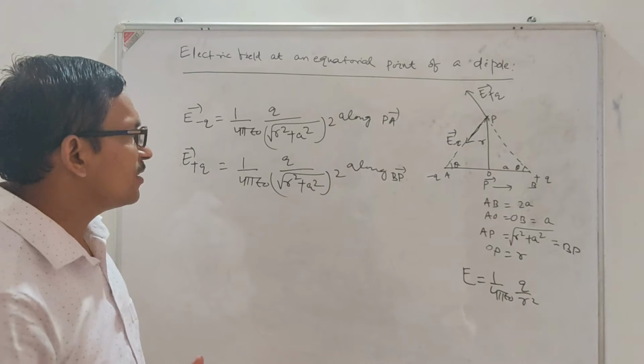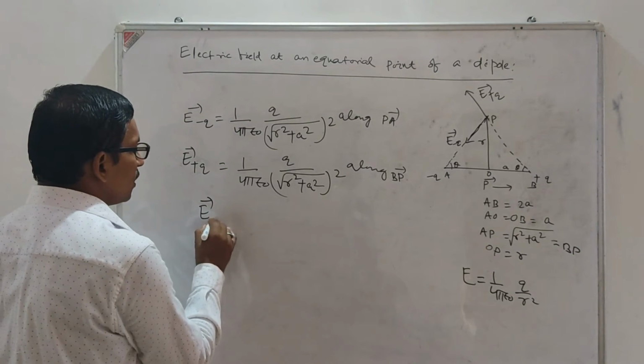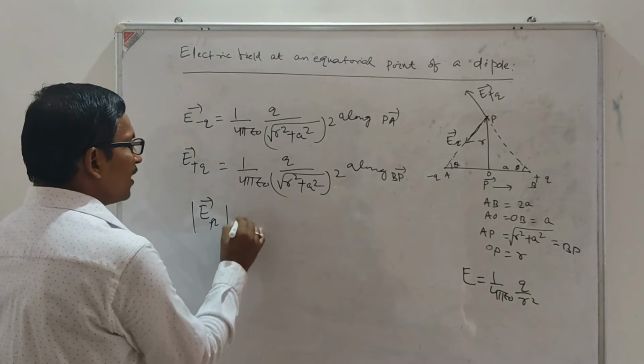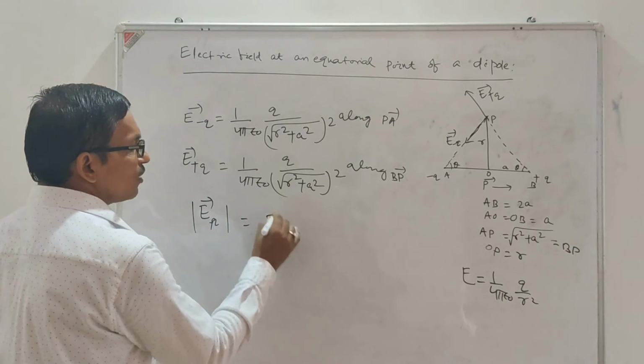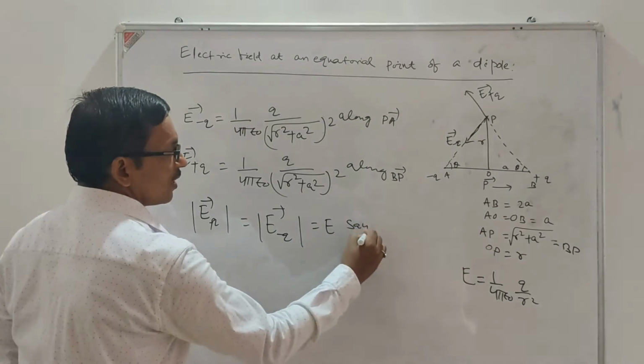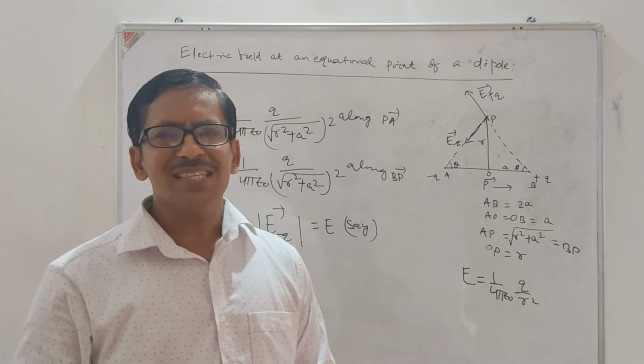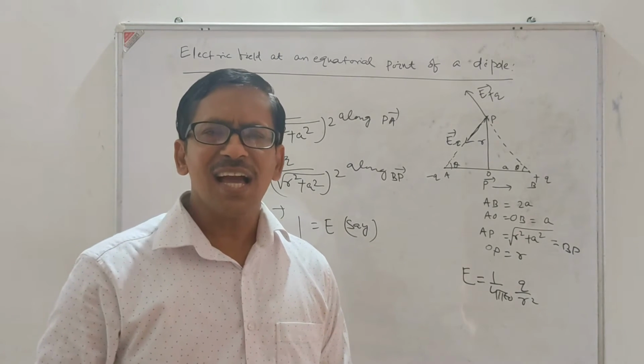Now see, the magnitudes of E plus Q and E minus Q are both the same. Let it be E, as both are the same.